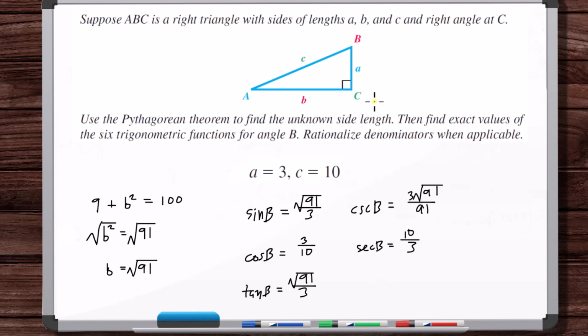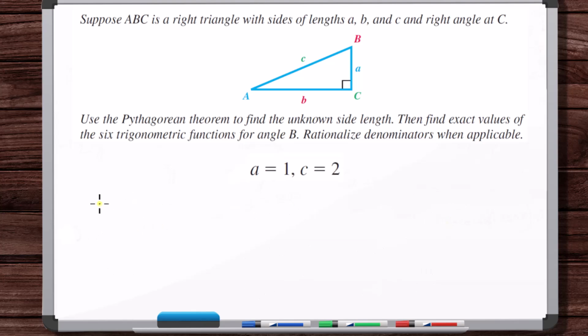So opposite over adjacent, so this is right, but this is not right. Sine of B is opposite over hypotenuse. That's going to be root 91 over 10. So 10 root 91 over 91.